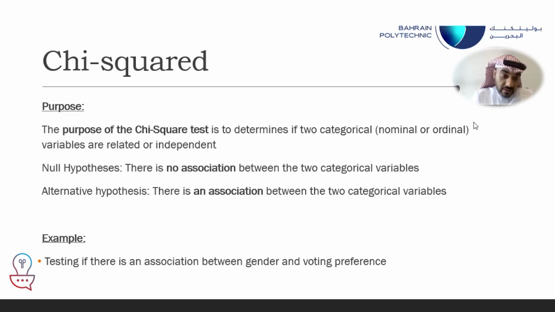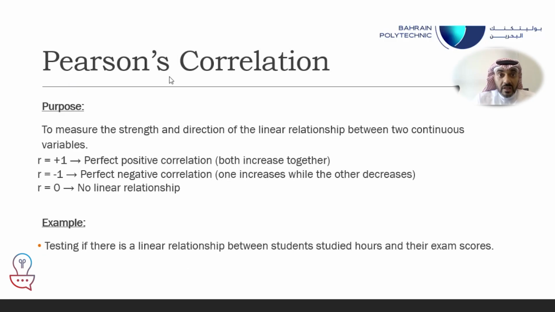If you put 1, that means, let's say, less preference, and if you rank from 1 to 5, 5 will be the most preferred response. So these are the differences between nominal and ordinal. For this type of data, you need to use something called the chi-square test.